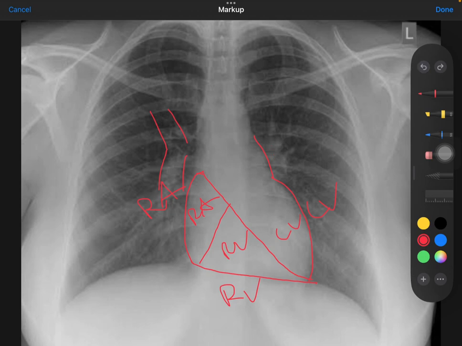Now what we see is the structure arriving from the left ventricle. This is the aorta, this is the ascending aorta. Here goes the descending aorta, and it goes like this. These are the branches of the aorta.